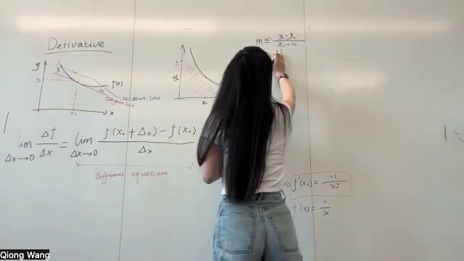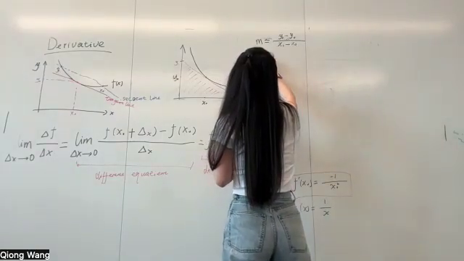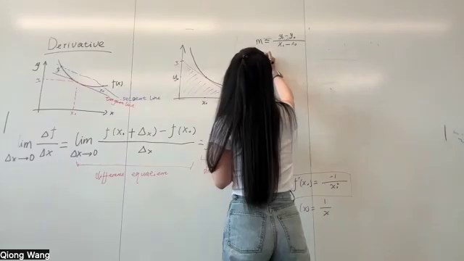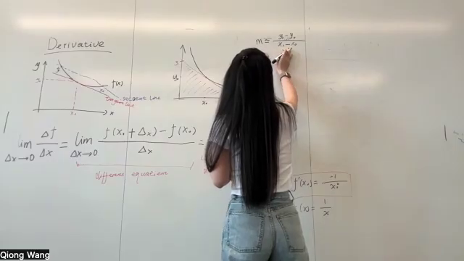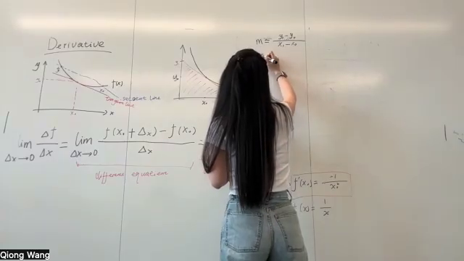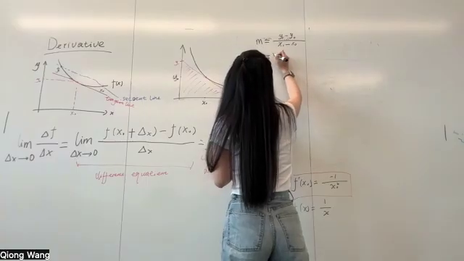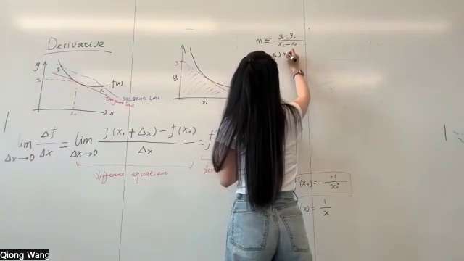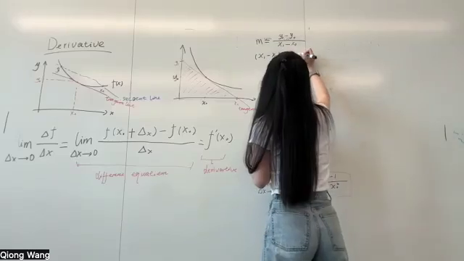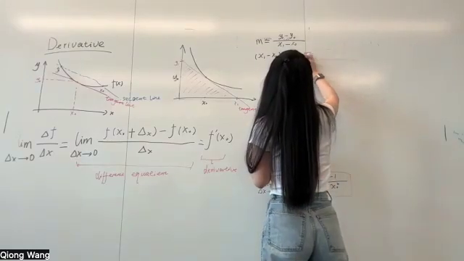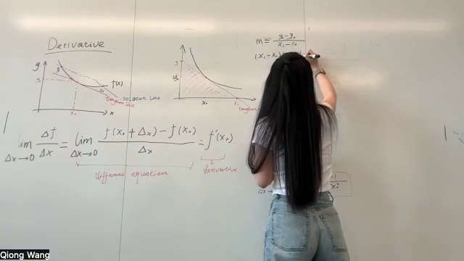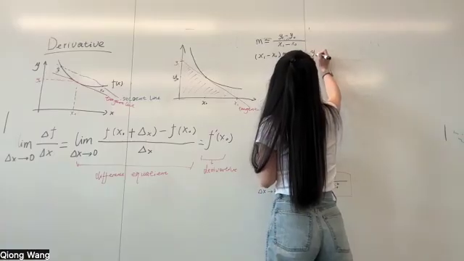So we will go to x1 minus x0 times m equals y1 minus y0.